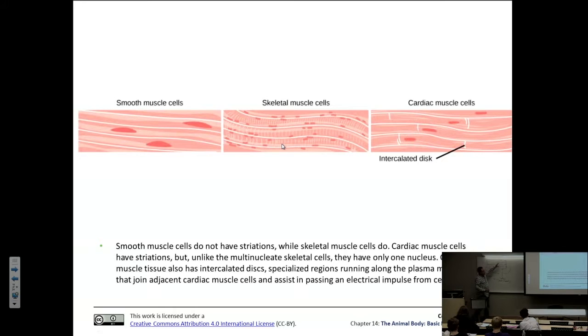And that's going to be glued to the Z lines. No, I'm sorry, these guys right here. So these are the Z lines. And glued to them, all of these lines are the thin filaments. Okay. And those are actin molecules.